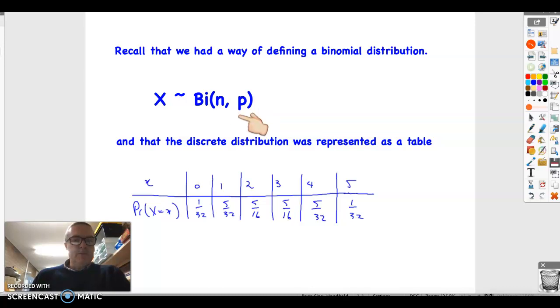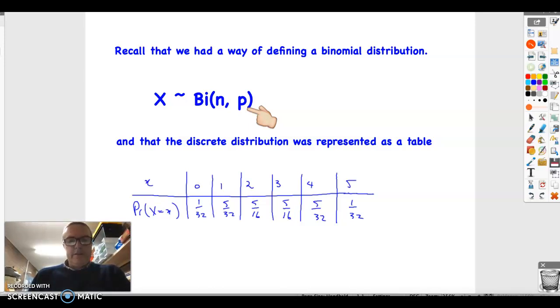Once we know those things, we know everything we need to know to solve problems with this binomial distribution. It was the number of trials, or the number of Bernoulli trials, and the value of p, which is the probability of success of one trial. And so once we knew those 2 things, we could solve problems.